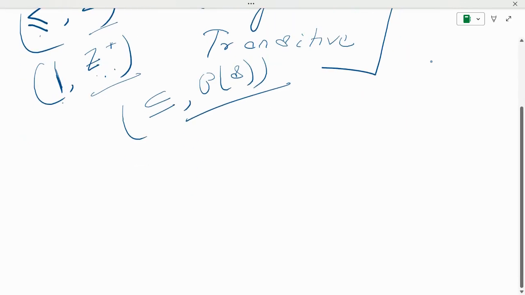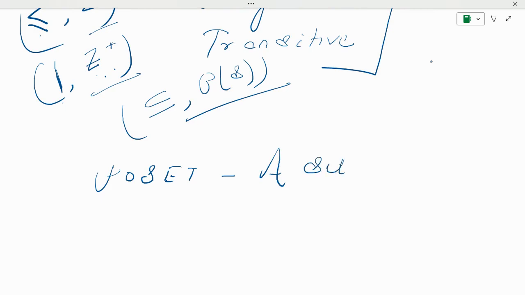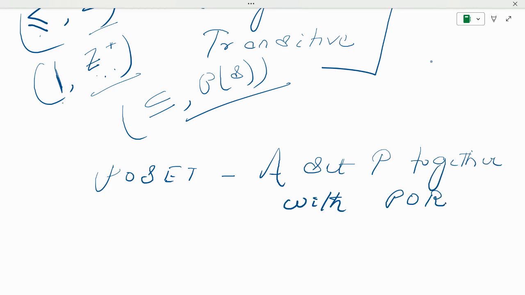A poset is very similar to a partially ordered relation. A poset is defined as a set P together with a POR, that is, a partially ordered relation, represented as (P, R).